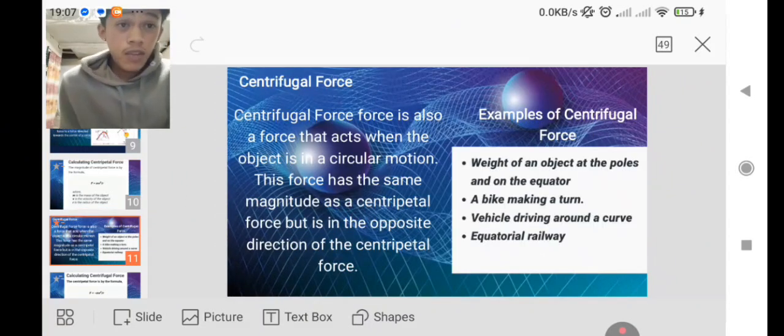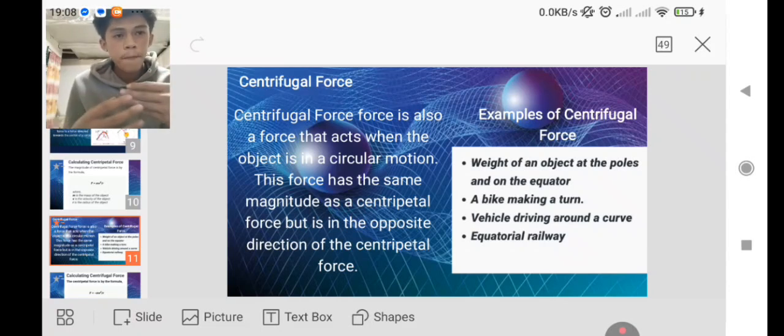So centrifugal force naman. Centrifugal force is also a force that acts when the object is in a circular motion. This force has the same magnitude as the centripetal force but is in the opposite direction. So ang centripetal force padulong siya sa tunga, ang centrifugal magbaliktad siya.